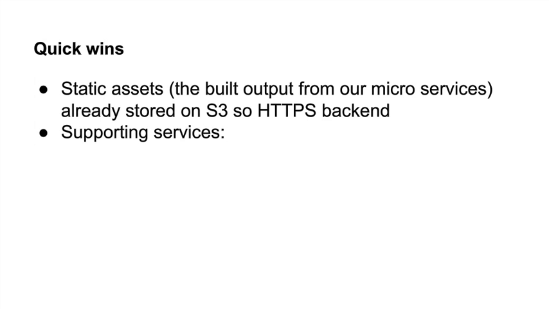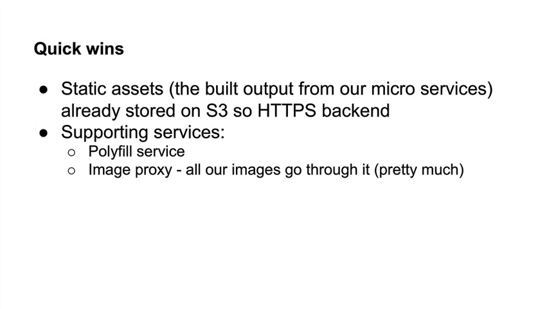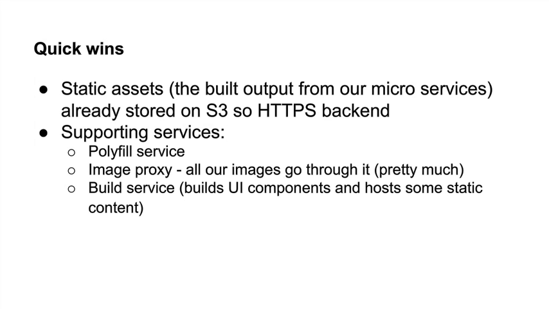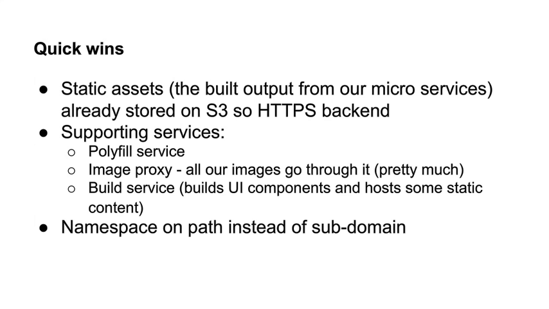The supporting services that we use, so Polyfill service to ease development with older browsers, our image proxy for the delivery of responsive images, and our build service, which delivers standardized UI components and their related assets. These are all things that we have direct control over, so it was pretty easy to enable HTTPS and H2 for those. And obviously we're on a single domain, so we now use the path to namespace.